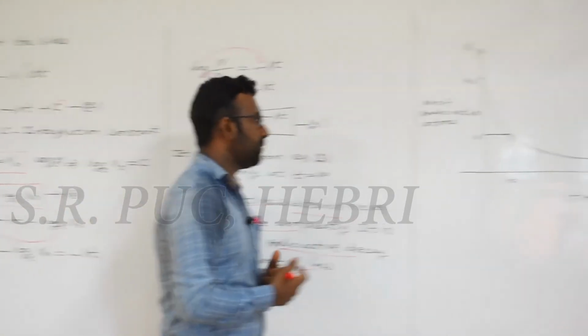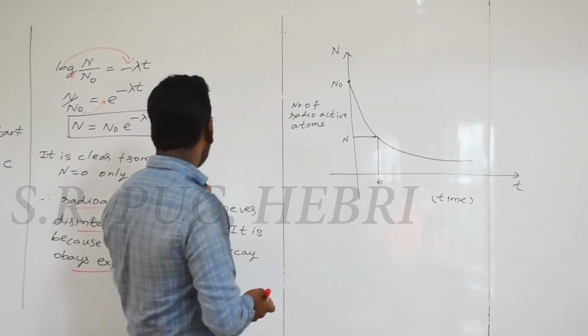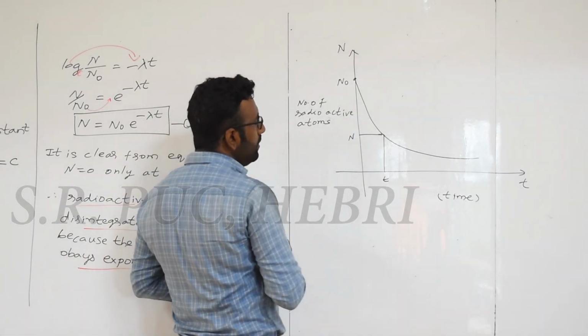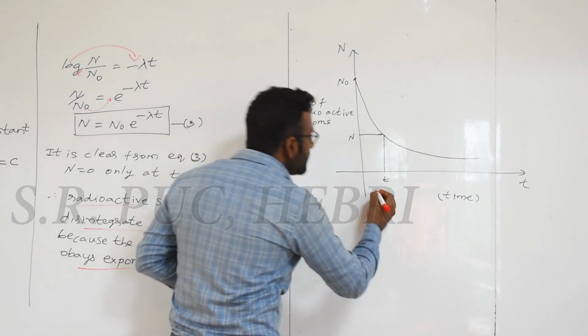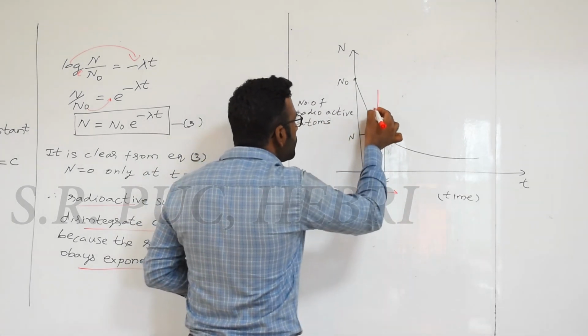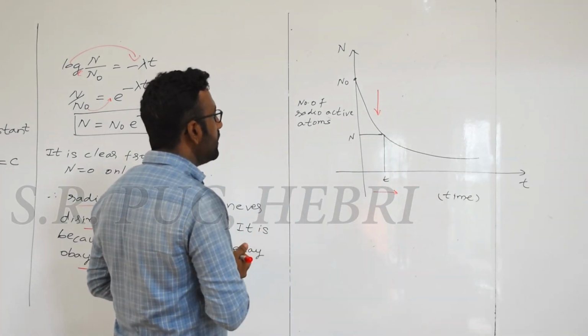We will see this graph. It actually deals with the same radioactive decay law. You can see here, let N naught be the initial number of atoms. As time increases, you can see that the number of atoms goes on decreasing.